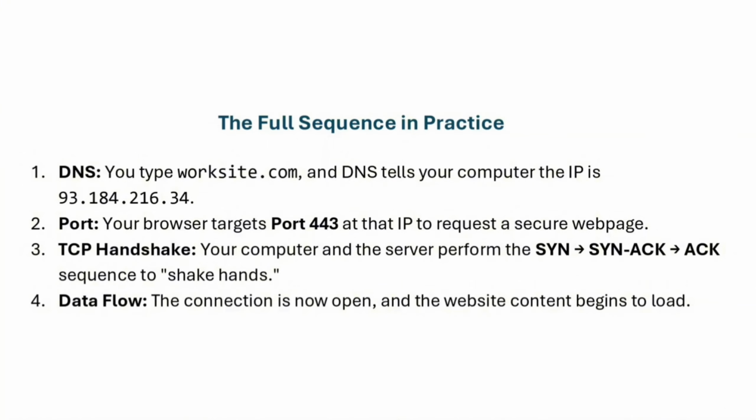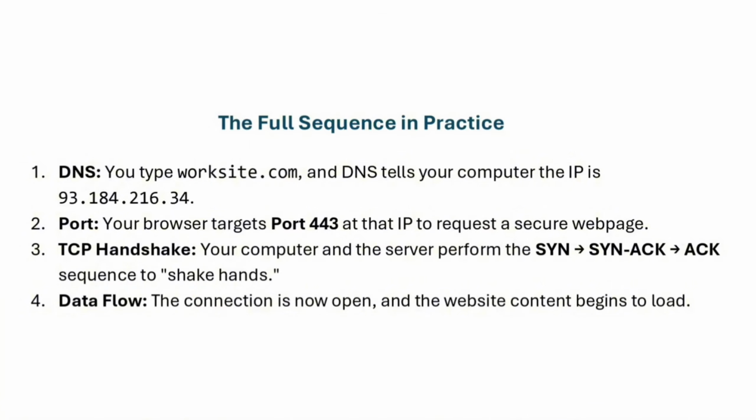So how do all these three steps complement each other? First, you type example.com and DNS tells the computer the IP is 93.184.216.34. It is an IP address. Then port: your browser targets port 443 at that IP to request a secure web page.